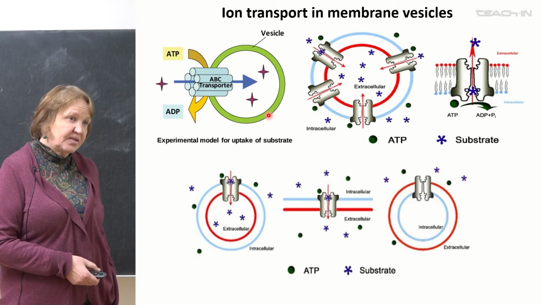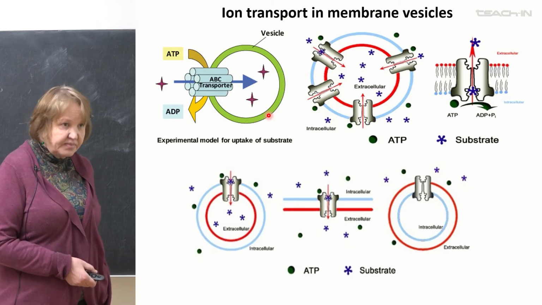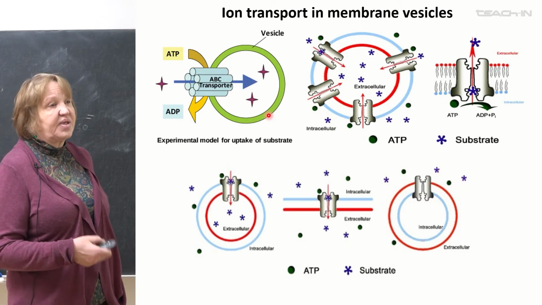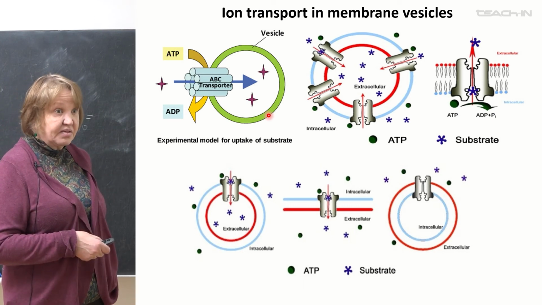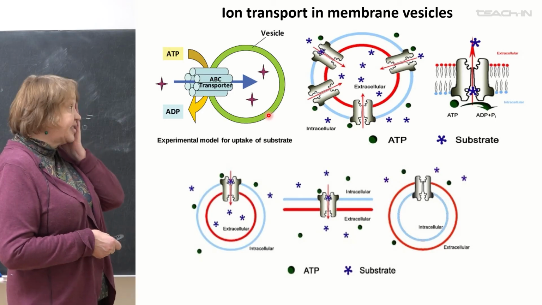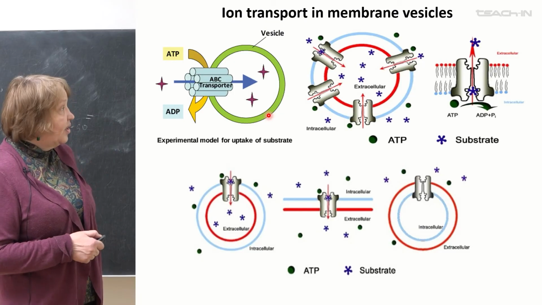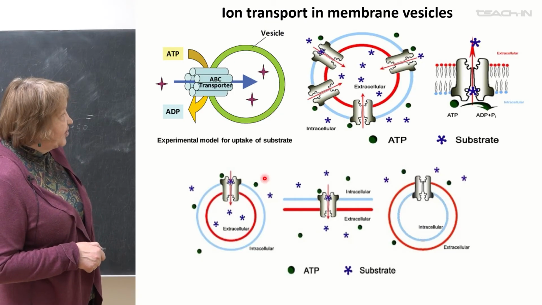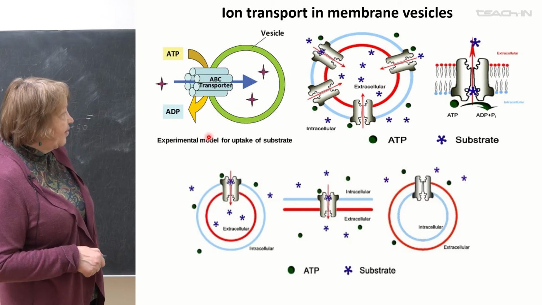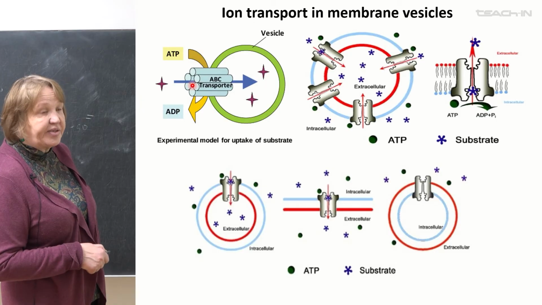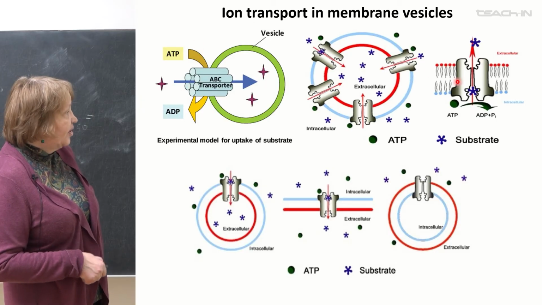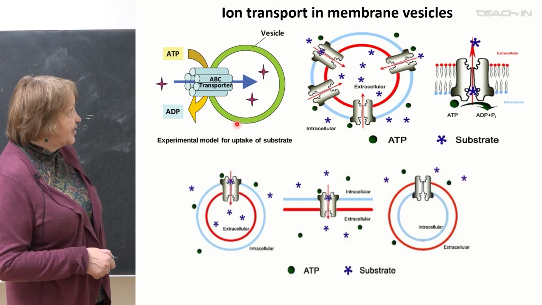Transporters work slower than channels. So the currents may be very slow. It's very low, so it's harder to be detected. Yes, and in vesicles it's easier. So, for example, you have an ABC transporter. If you have it inside out, you can add ATP to initiate the process of pumping things inside.